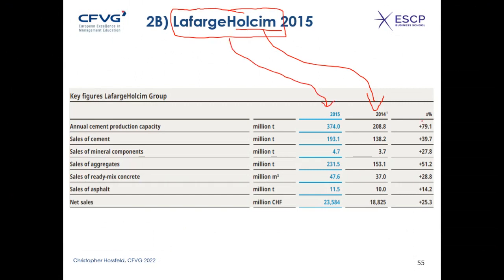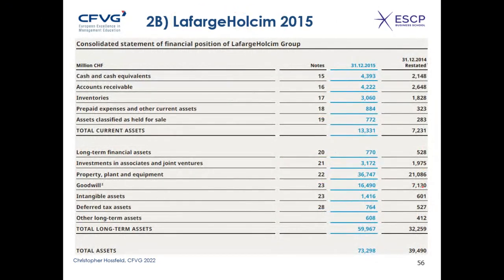Okay, well, obviously, that's why I see here all the numbers increase very heavily, because basically we heavily increased the size of what we are talking about. Okay, you see here in the consolidated financial statements, balance sheet, for example, well, total assets almost double because of this acquisition.